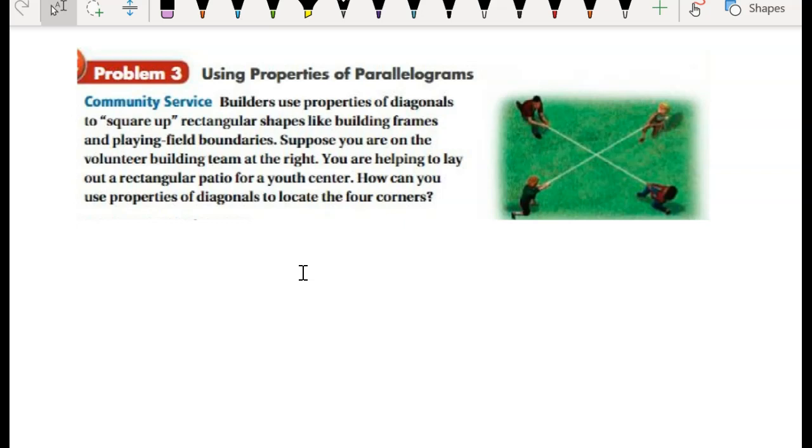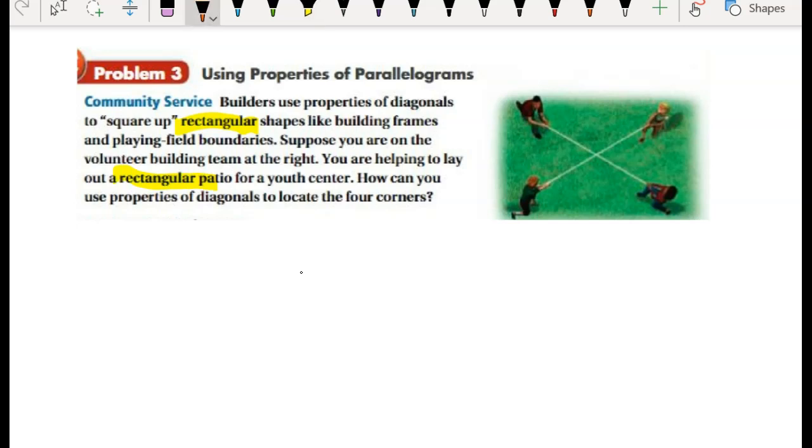How could you use the properties of diagonals to locate the four corners? What do you think? It says you're helping build a rectangular patio.